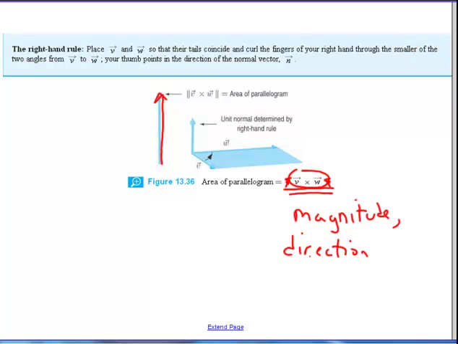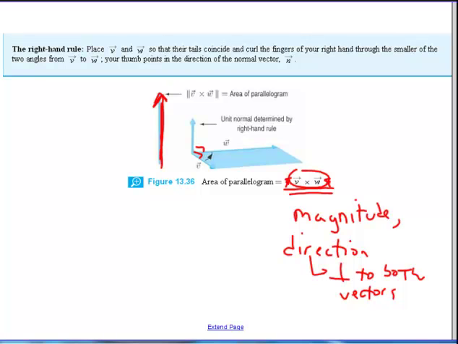And the key thing with the direction is that it's going to be perpendicular to both vectors. So this vector here in red is perpendicular to w, and it's perpendicular to v. And how do we intuit the direction of that vector?